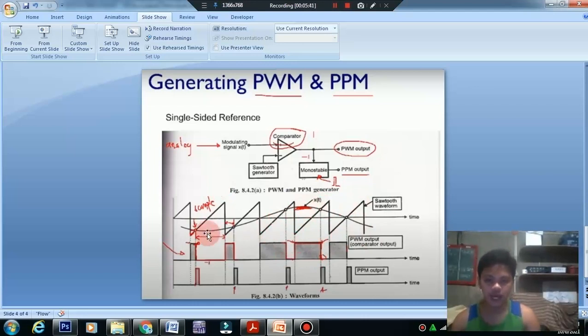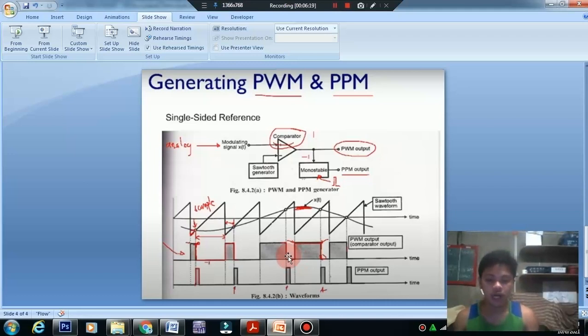The lower the amplitude of your analog signal, the narrower the output PWM signal. So the pulse width corresponds to the amplitude of your original modulating signal.